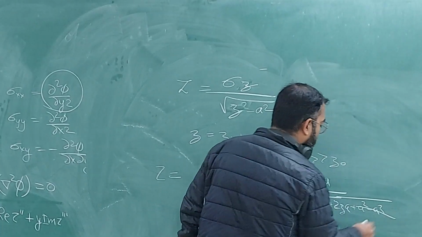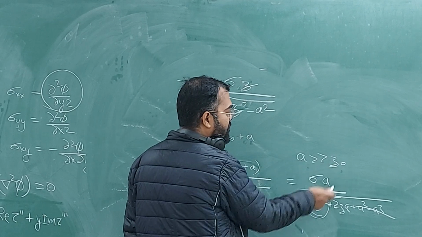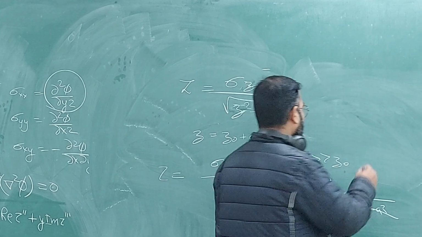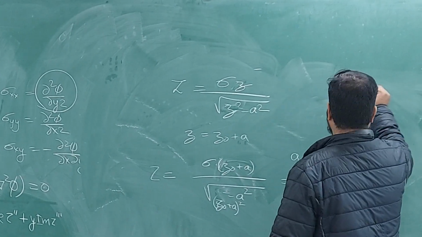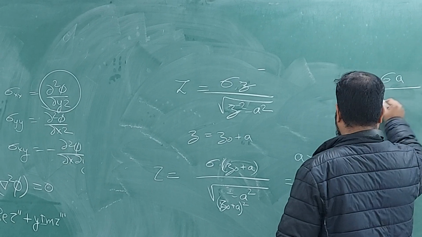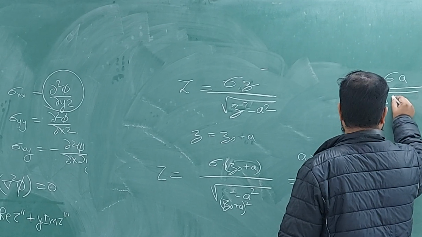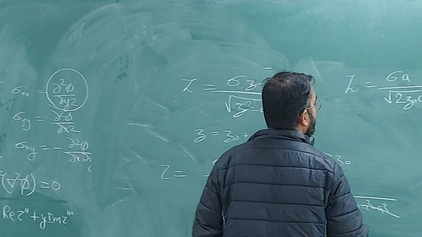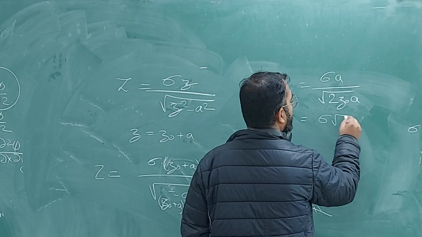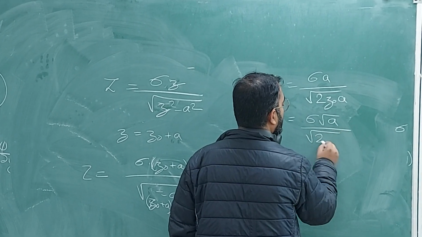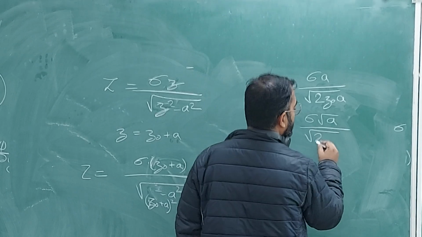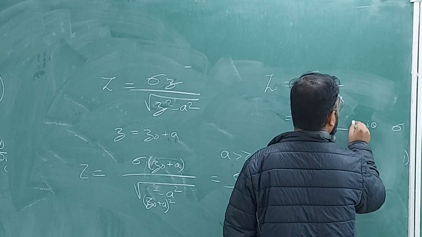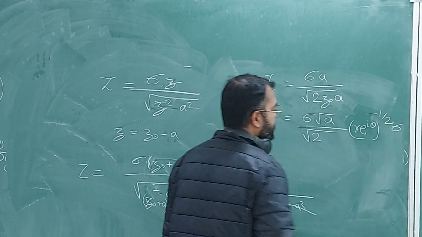So this is gone, because we have assumed this, so this will be ignorable. So then the function is equal to sigma a divided by root over 2 Z0 a. So this I can write as sigma root a divided by root over 2 Z0, or I can write it as r e to the power i theta to the power minus half.